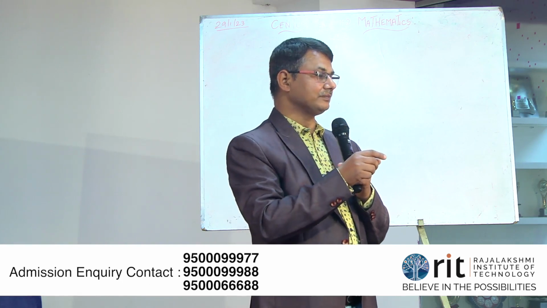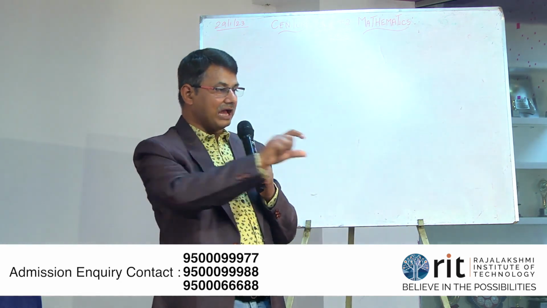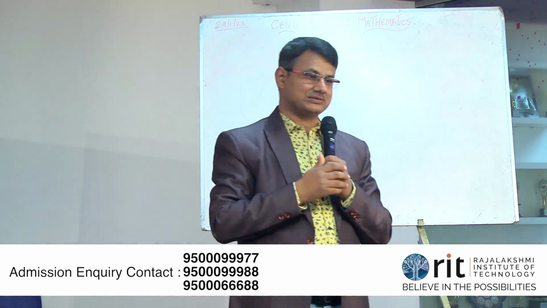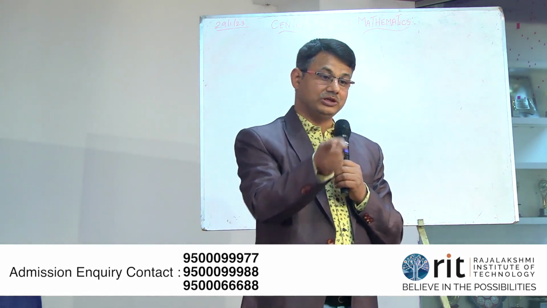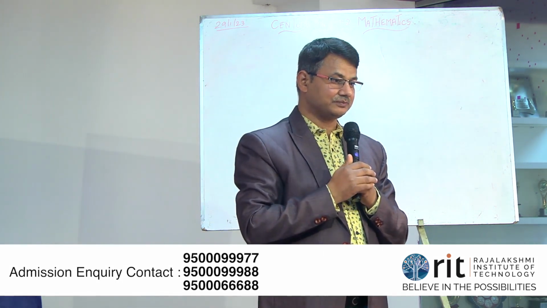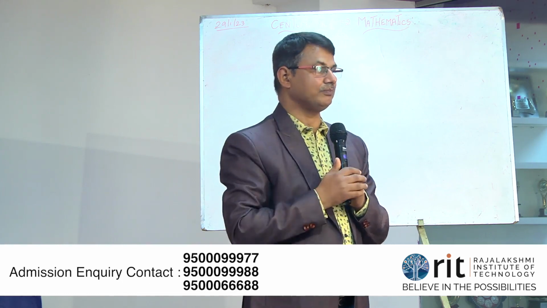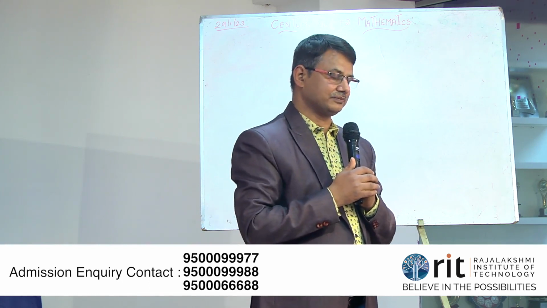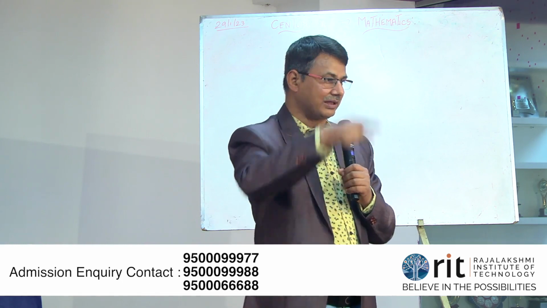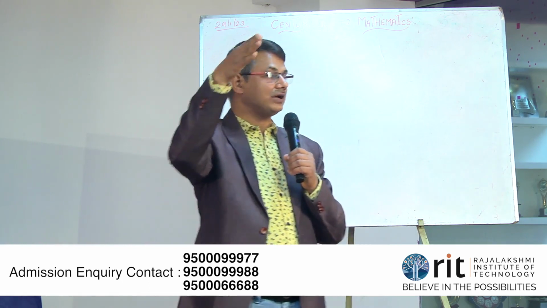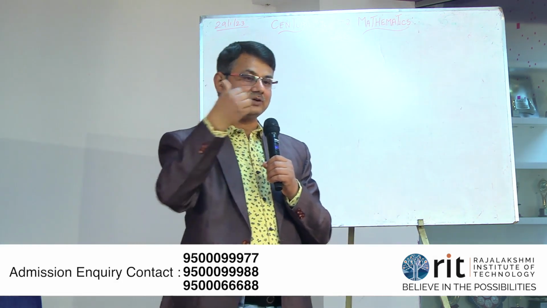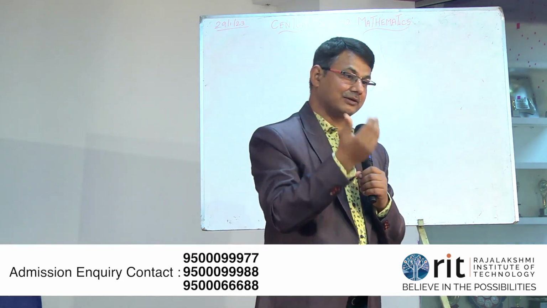But when the line is parallel to the y-axis, dy by dx equals 0 may be asked. When the curve is parallel to the x-axis, dx by dy equals 0, you have to calculate.